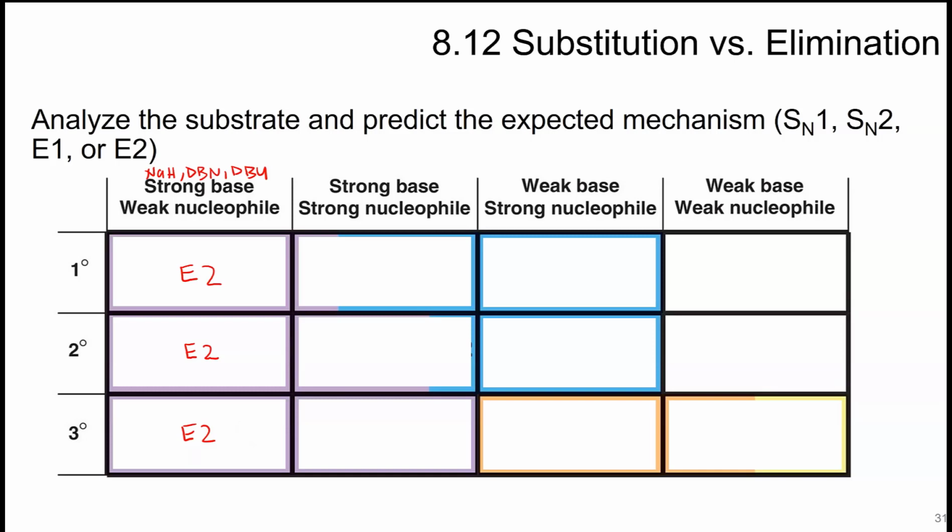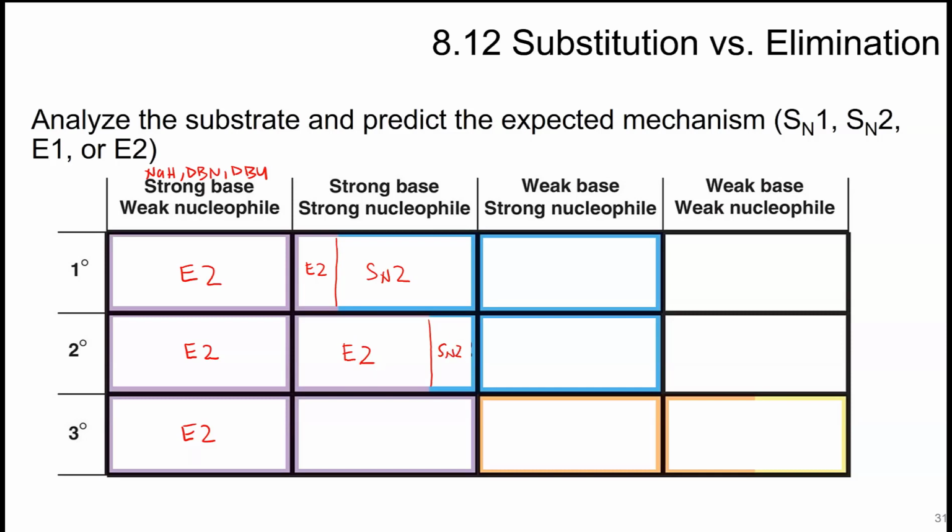If you use a strong base and a strong nucleophile, so that would be the hydroxide, methoxide, ethoxide, if you have a primary, the majority of your product is going to be an SN2 reaction. If your substrate is secondary, the majority of your product will be E2 and a little bit SN2.